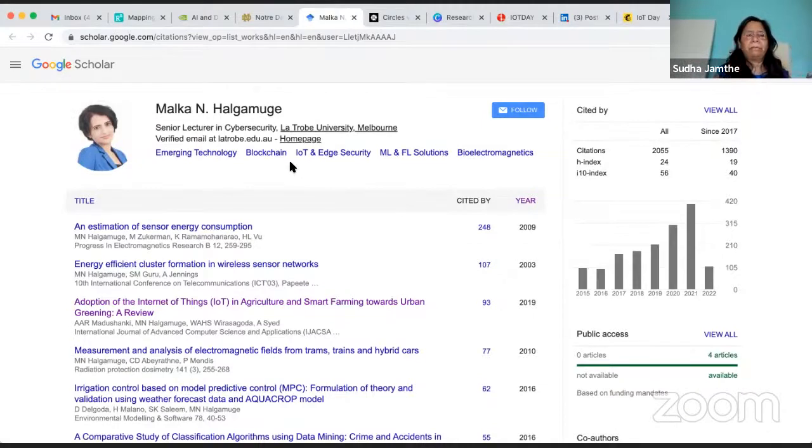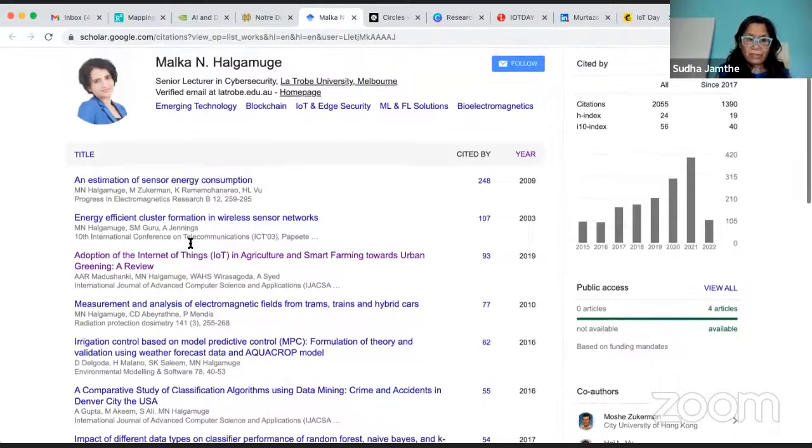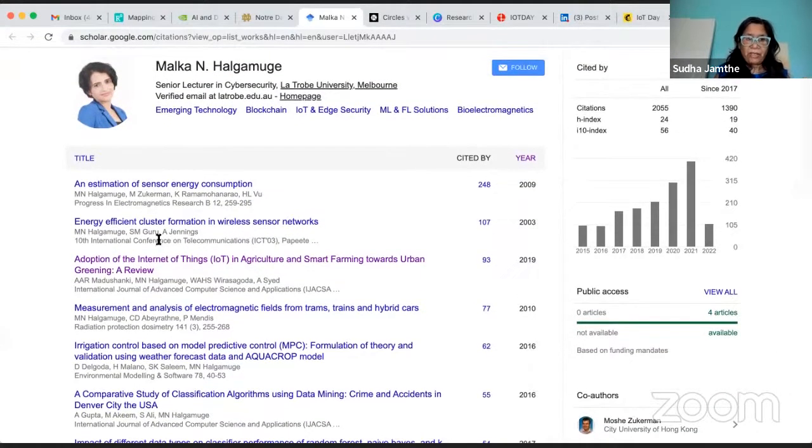It'll be from 9 a.m. in Melbourne, which is 3 p.m. here in California, all the way till 3 p.m. on April 9th. So April 8th, which is already April 9th in Melbourne, she will be doing a session about blockchain. But if you see her Google Scholar, she's an IoT person, and she talks about energy efficient clusters and whatnot, right?